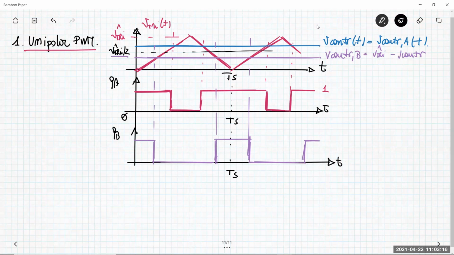Okay? I employ the same exact generation rule for QB starting from V control B. Now, in which way can I obtain, for example, the voltage V naught?